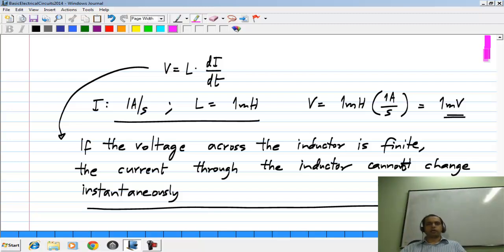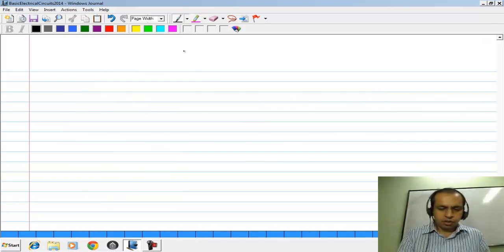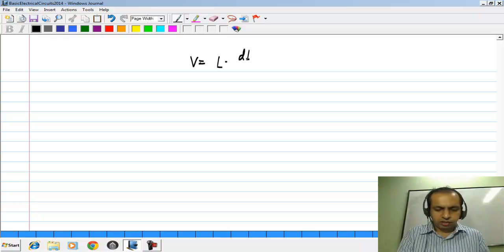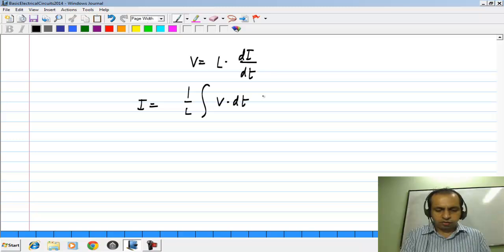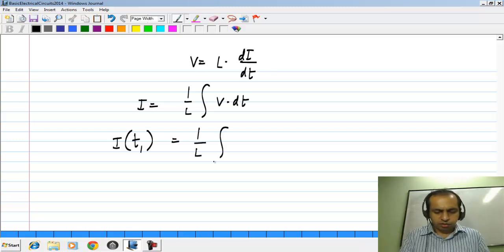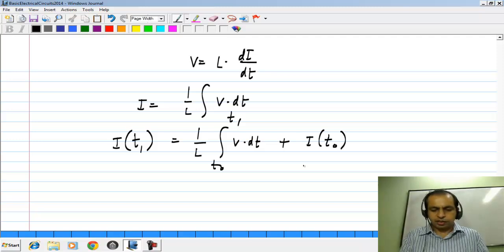Okay. So this is analogous to the voltage in a capacitor, which also cannot change instantaneously if the current through it is finite. Okay. Now we have V is L di by dt, which says that I is 1 over L integral of the voltage with respect to time, and I at a time t1 is given by this integral plus I at time t0.